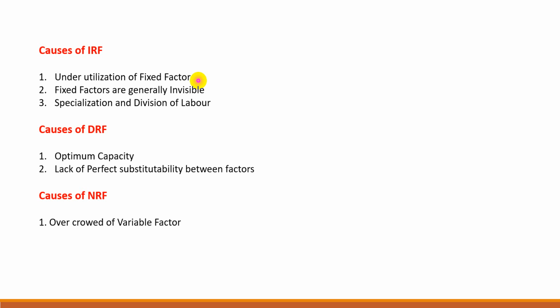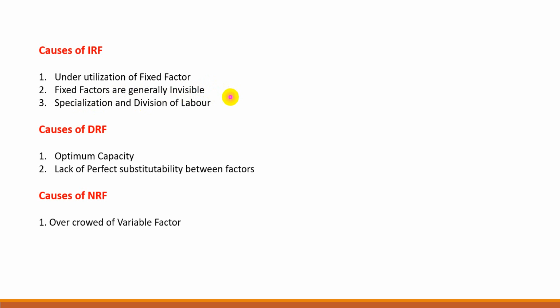Only when more and more units of the variable factor are applied to the fixed factor, that is capital, the fixed factor will be used intensively and total output, that is TPP, will increase at an increasing rate. Number 2, fixed factors are generally indivisible. Fixed factors need to be employed in a minimum size.